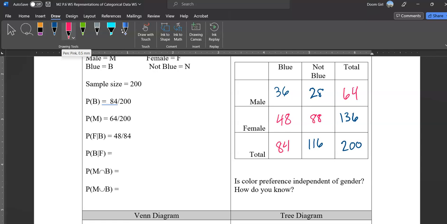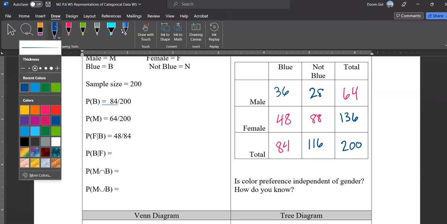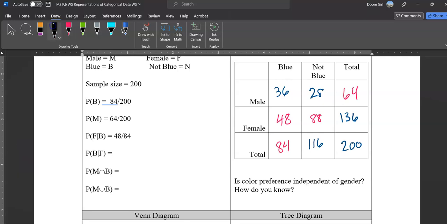For those who are wondering how I'm getting these numbers, let me color code these a tiny bit and label them. The first one I got was this one, by doing 84 minus 48 to get the 36.